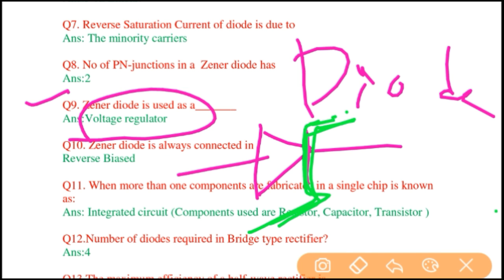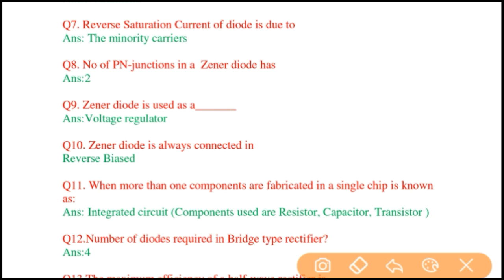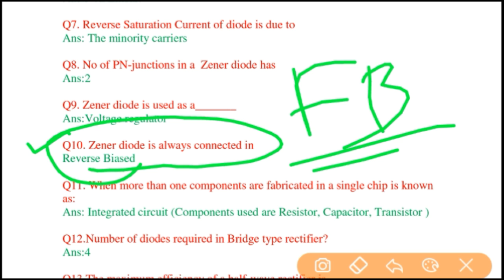This is the Zener diode. Now coming to the next question, a Zener diode is always connected in reverse bias, but general purpose diodes are used in forward bias.